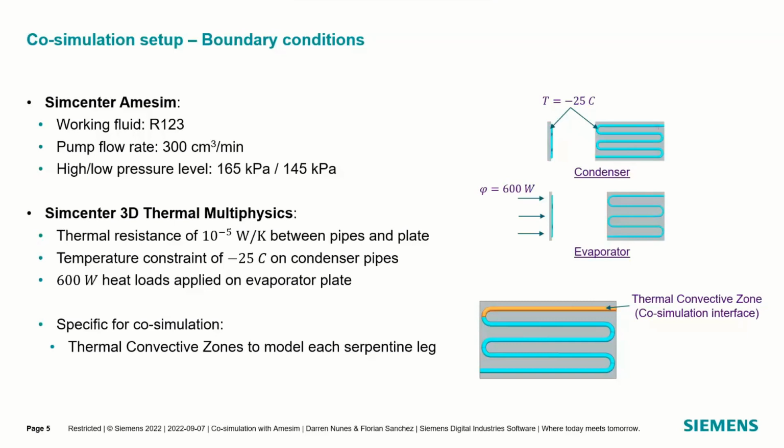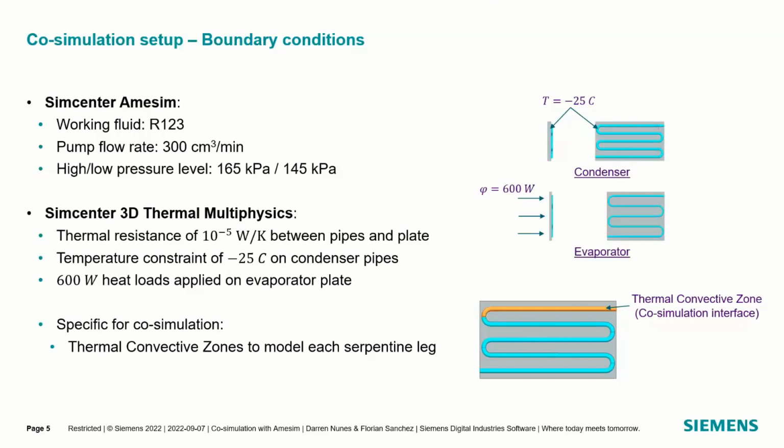On the AMSIM side, as Darren mentioned, we use the R123 working fluid and define the flow rate for the pump and also the high and low pressure level for it. That's basically the SimCenter AMSIM side. If you have questions on more details, we have a backup slide for the remaining boundary conditions on that model.